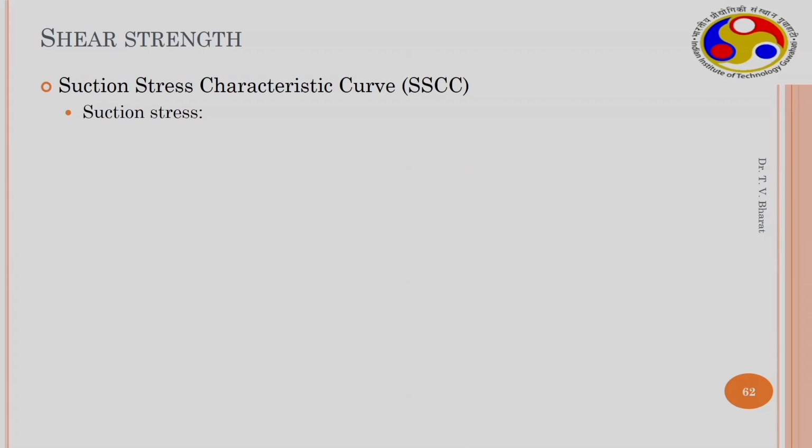So, in this example we have data of, this is synthetic data, a number of tests are conducted.